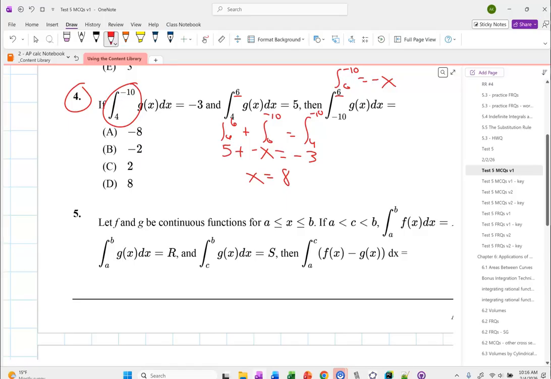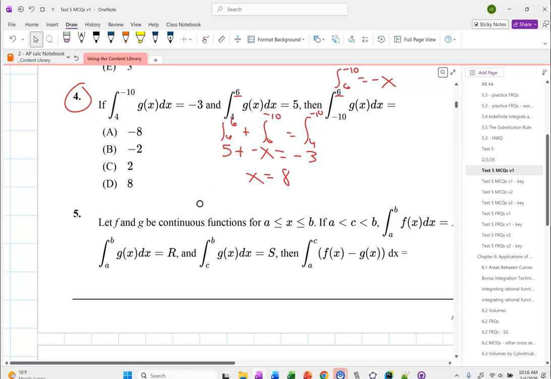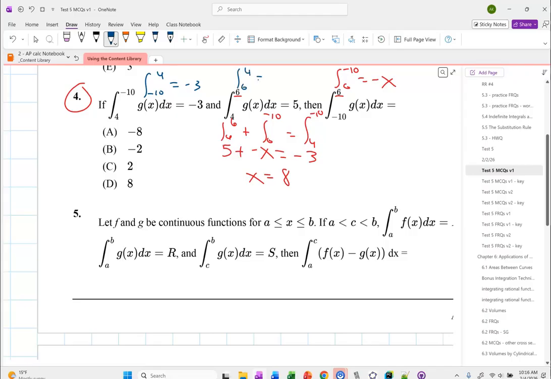But you could have done, Lucia, you could do this, and then the 4 has to be on top here, so we'd have to flip this thing.